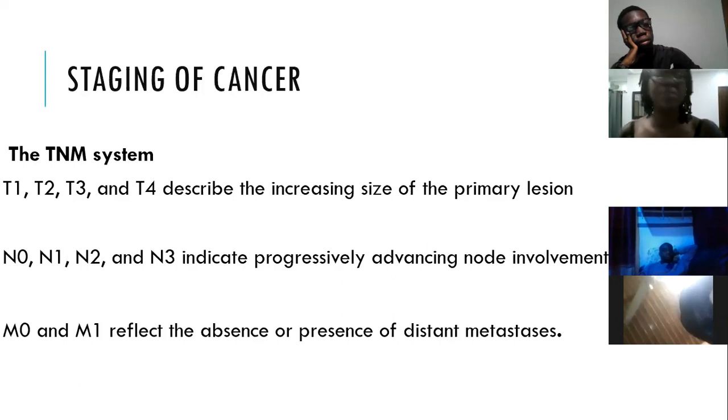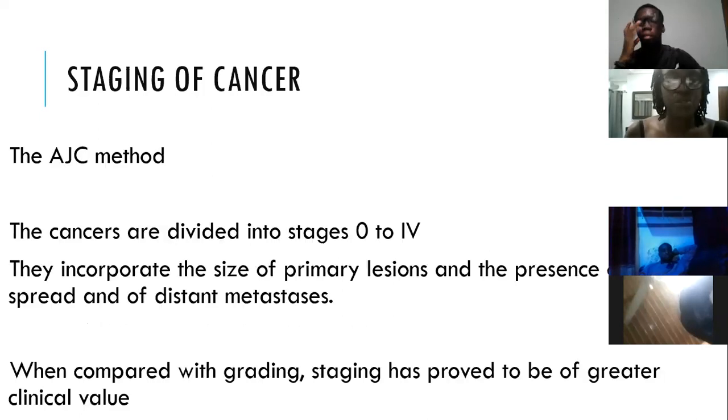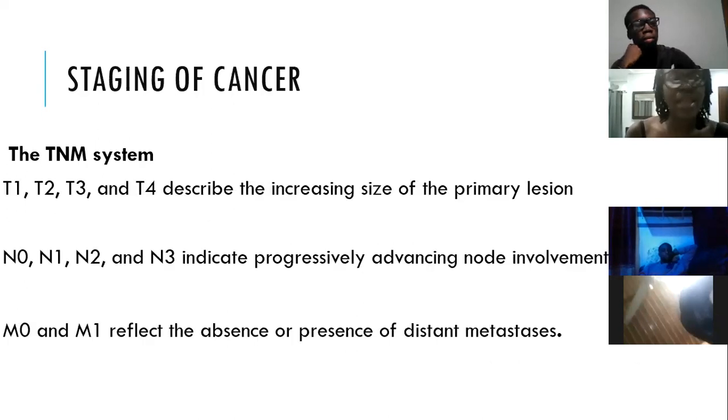So M0 means there is no metastasis, and M1 means there is metastasis. So maybe you can have a tumor where you say that the tumor is T1, N0, M0, meaning that the tumor size is small, N0, no lymph nodes are involved, M0, no metastasis. So that's an example of the TNM system.